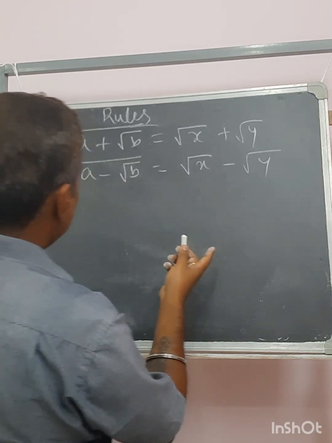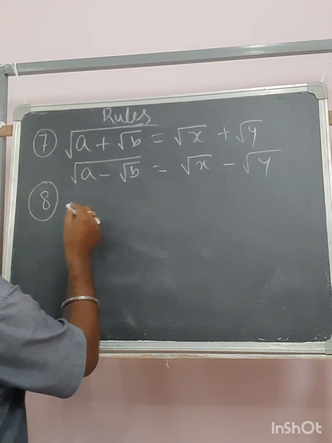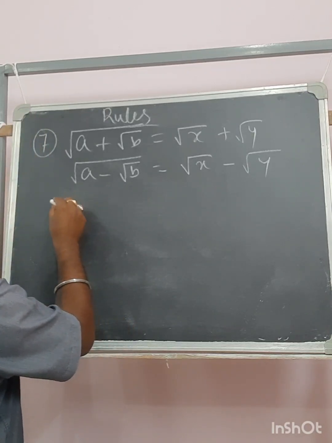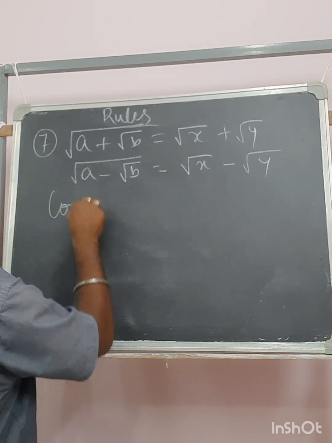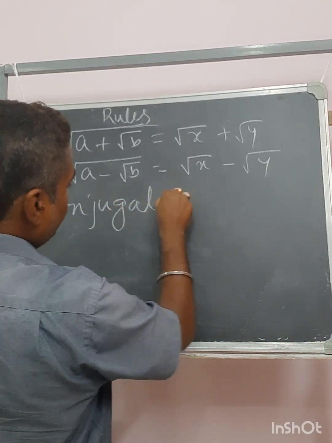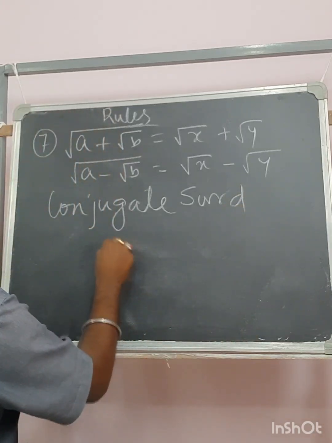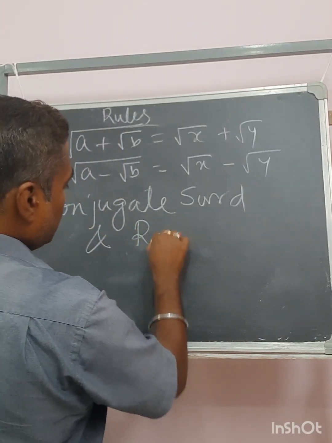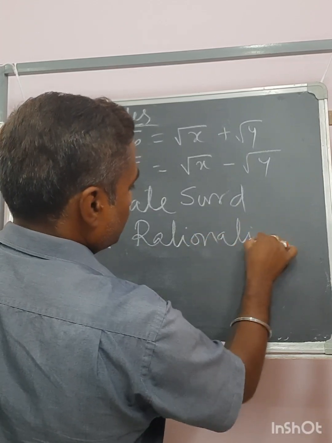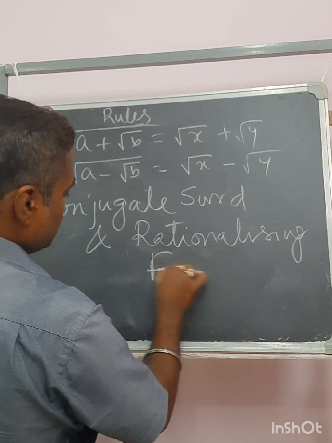This is good. This is all I explained. Now there are two more terms which are very useful. One is conjugate surd and the other is rationalizing factors.